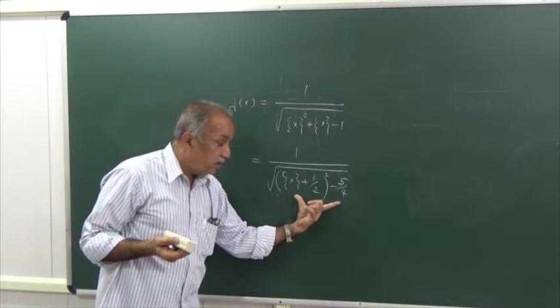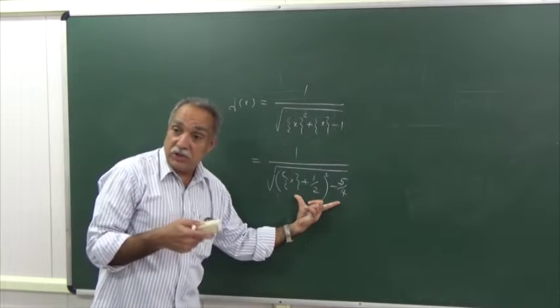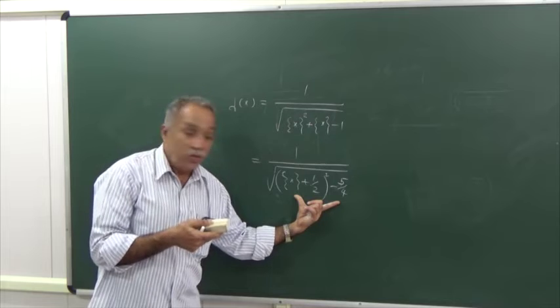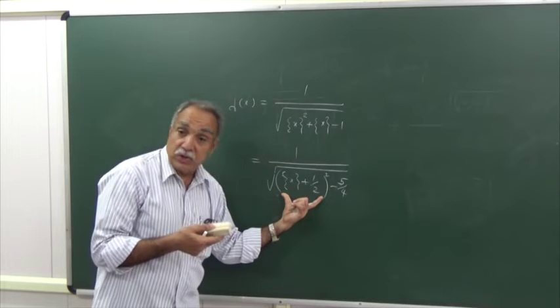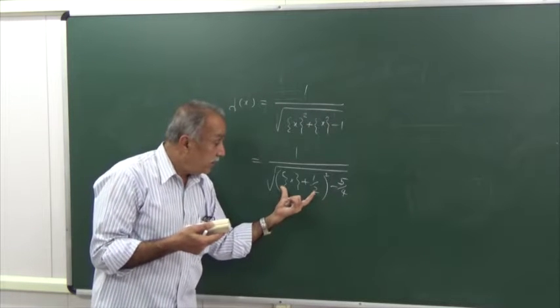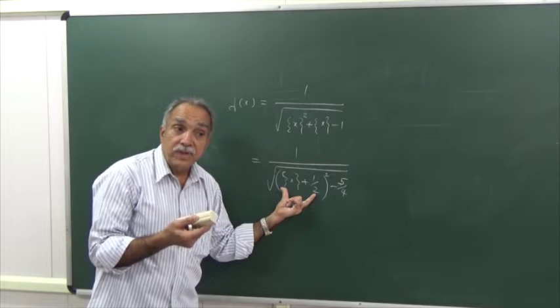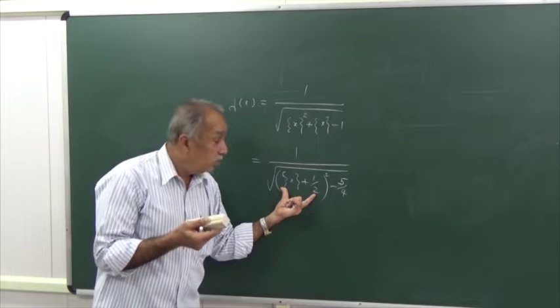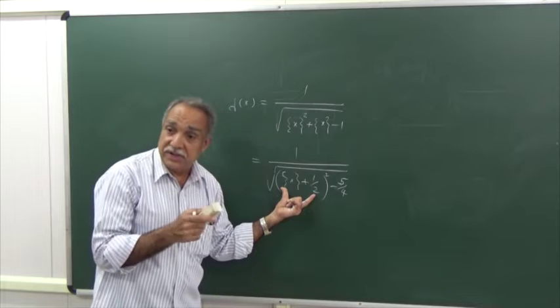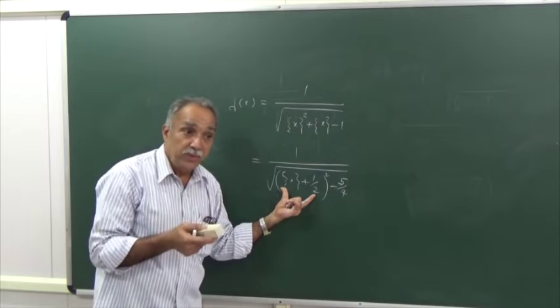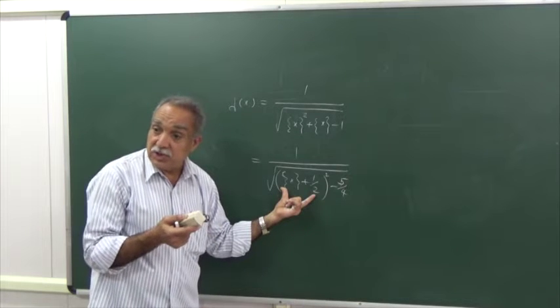To have this quantity strictly greater than 0, my requirement is strictly greater than 0. This must be greater than or equal to 5 by 4. The number within brackets must be strictly greater than root 5 by 2. There is another possibility.